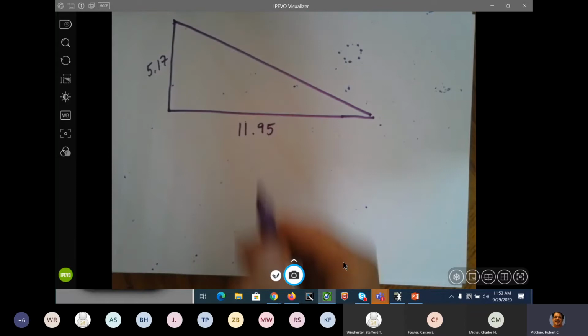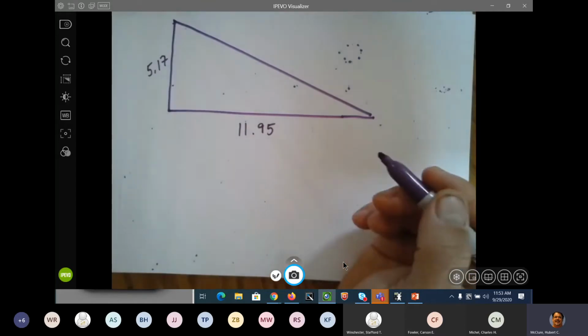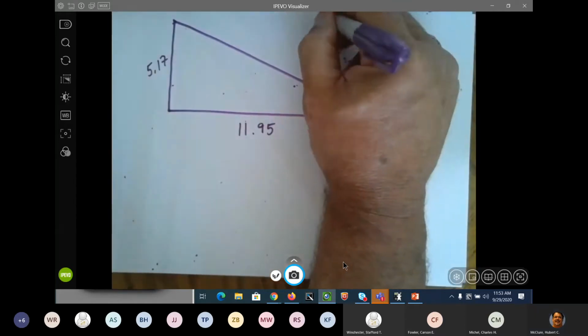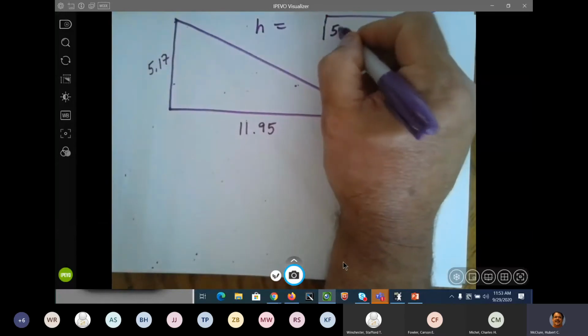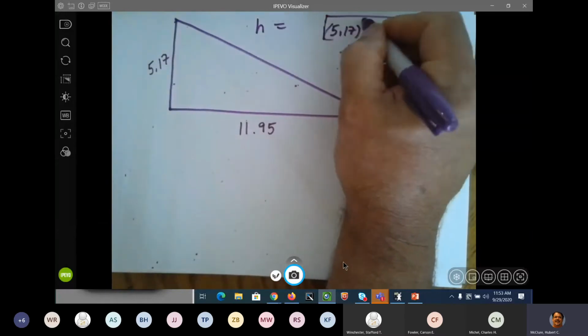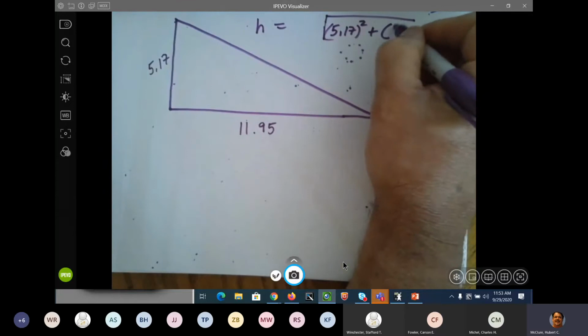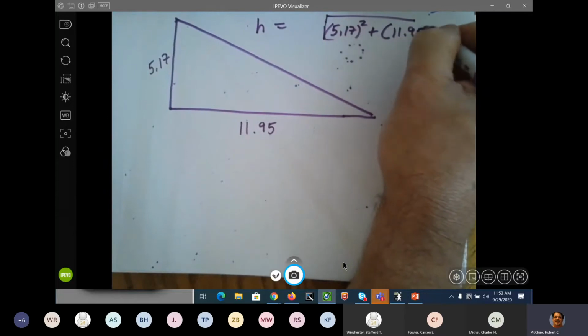So fill out the hypotenuse. So h is equal to the square root of 5.17 squared plus 11.95 squared.